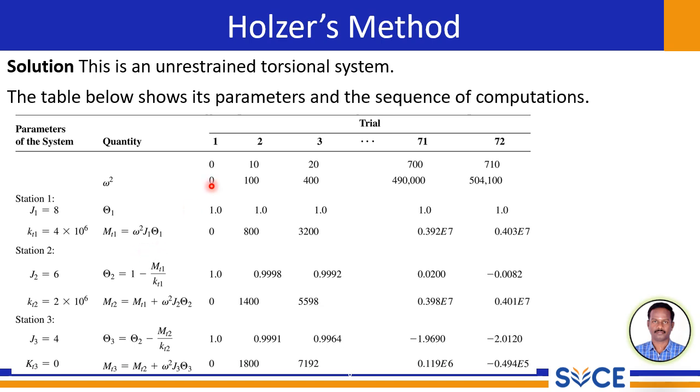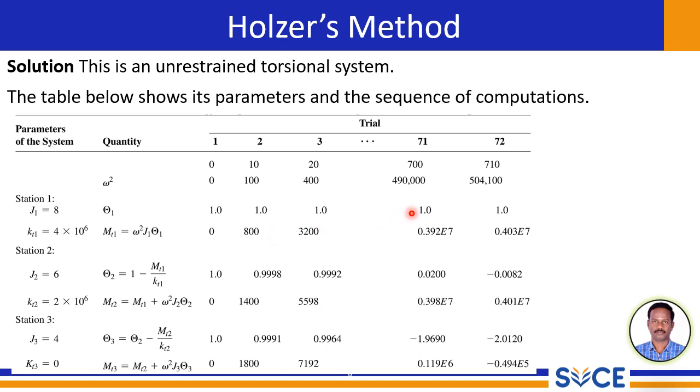Since omega is 0, this will become 0. Using the torque and stiffness, next we go for the next trial. We are substituting omega square as 100, J1 is given, theta is now 1. So we are getting 800. So we are continuing the same.